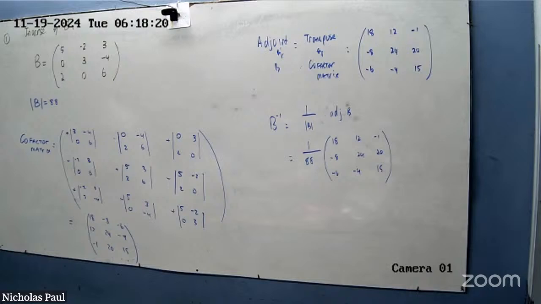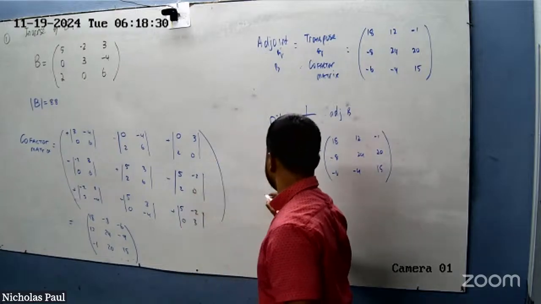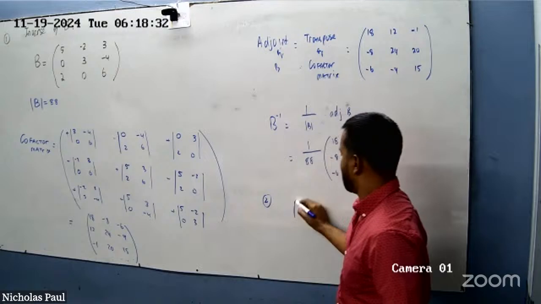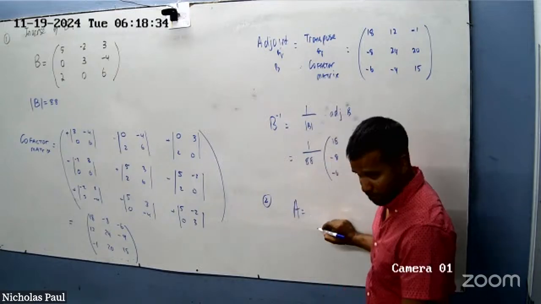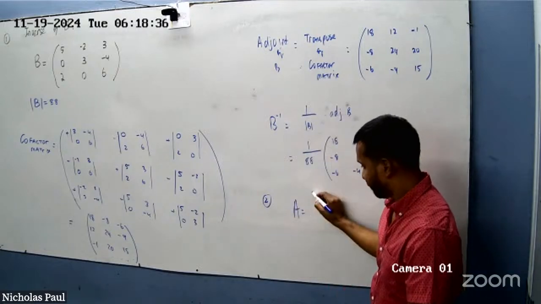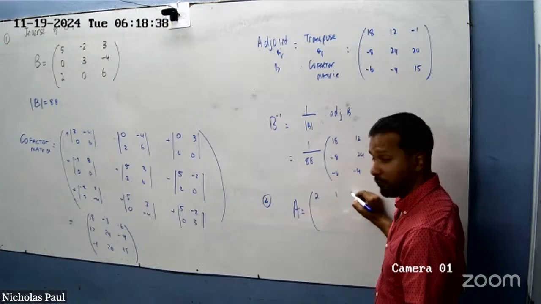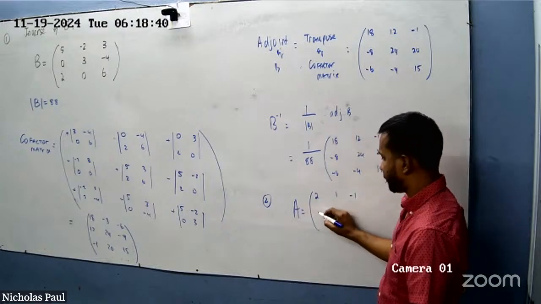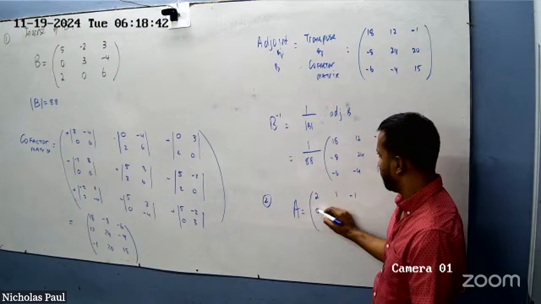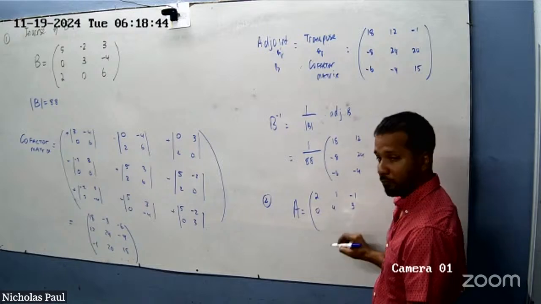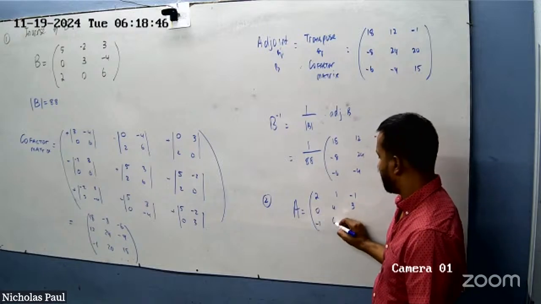Let's try one now. Actually, here's what I'll do, I'll give you one that you already have. What was A again? The one that was minus 43, 2, 1, minus 160.